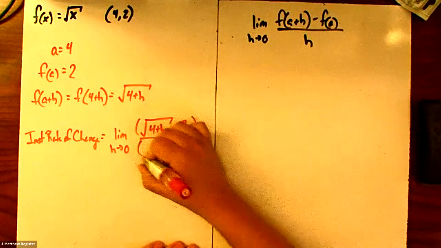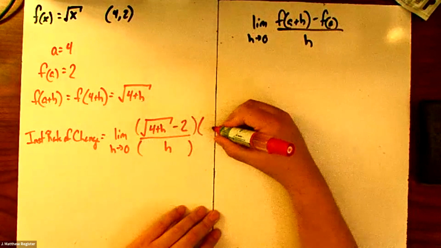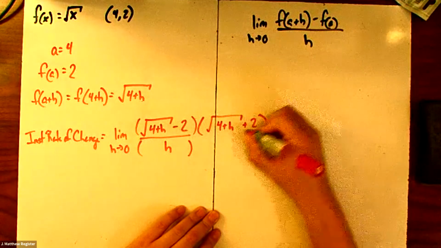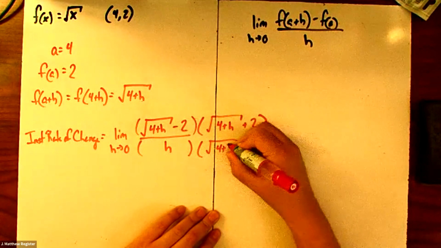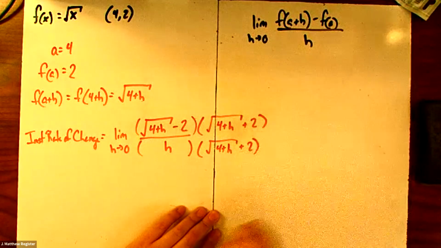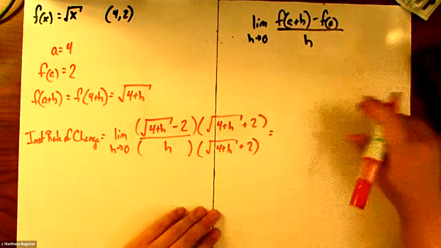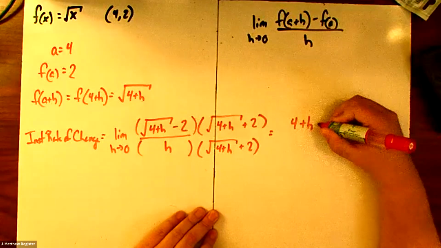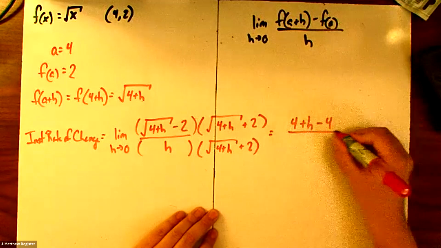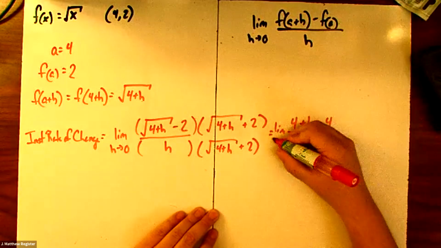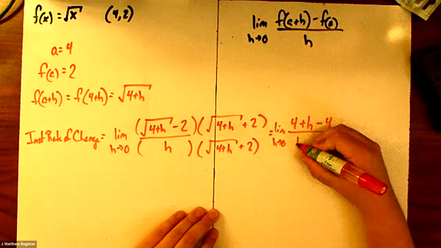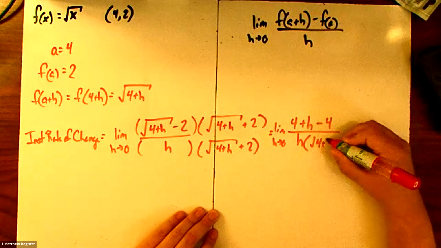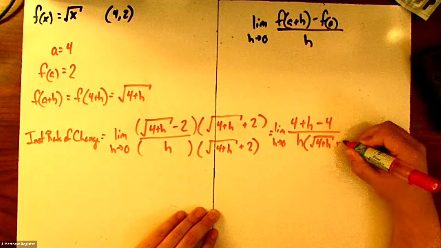And so doing the conjugate, which in this case is square root of 4 plus h plus 2, square root of 4 plus h plus 2, we end up getting in the numerator 4 plus h minus 4. And we still have our limit out in front. On the bottom, we'll just leave it gross with this h out in front. Square root of 4 plus h plus 2.